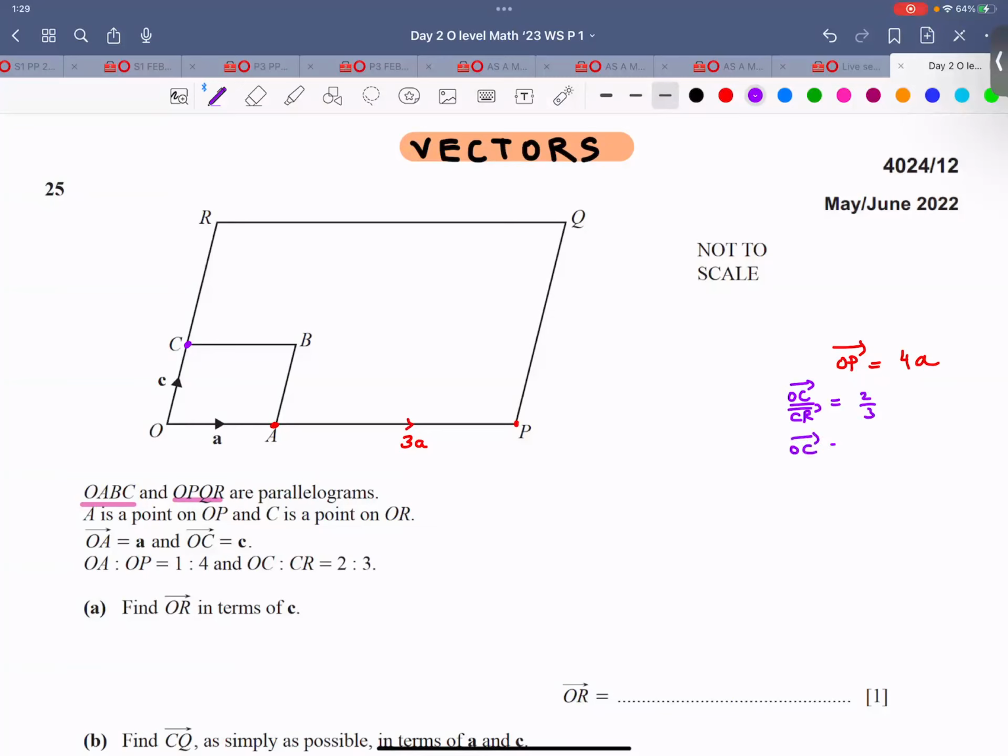Therefore, OC is 2/3 of CR, or I can say CR is 3/2 OC. That looks better because c is already given. So this is 3/2 c from here till here. If I need OR, that is c plus 3/2 c, which is 5/2 c. I've also written it down.